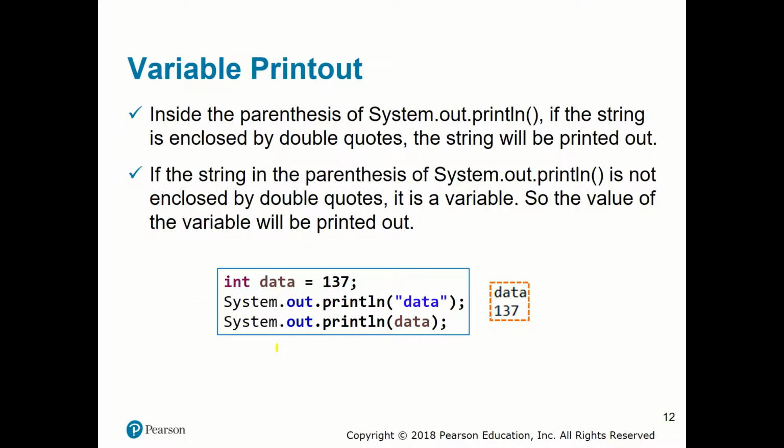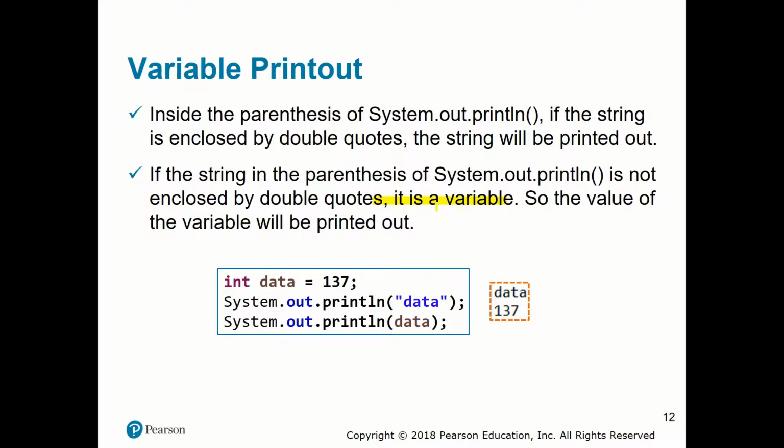I'm going to talk about variable printout. Inside the parentheses of a System.out.print line, if the string is enclosed by double quotes, the string will be printed out. However, if the string in the parentheses is not enclosed by double quotes, it is a variable, so the value of the variable will be printed out.